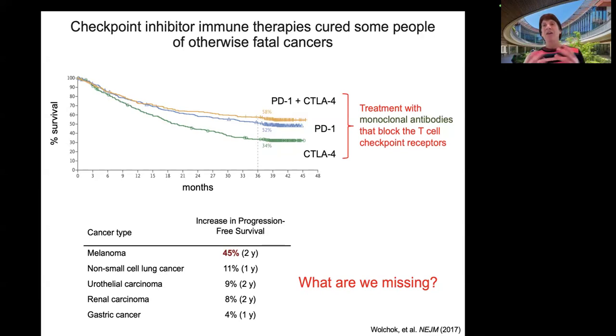So the thought here is that there must be other receptors and other handshakes going on at that point of contact between the immune cell and the cancer cell that don't involve these particular receptors, the CTLA4 and the PD-1 receptor, which are two proteins, by the way.